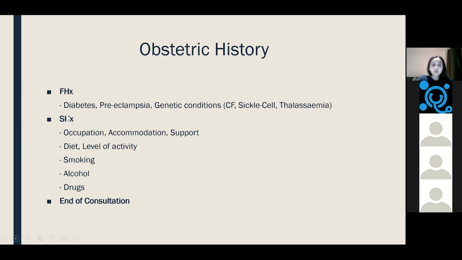And then we go on to social history. Social history is particularly important with pregnant ladies because you always have to ask, what do they do? Where do they live? Do they have enough support? So who lives with them? Are they married? Are they not? Do you think they're supported? Is there any form of abuse?